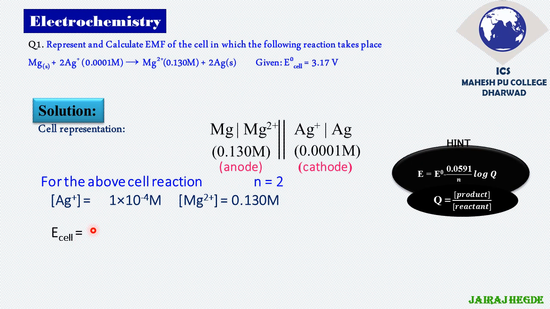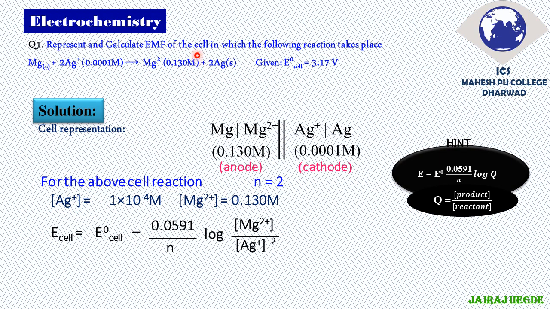So E will be equal to E naught cell minus 0.0591 by n into log of, the product here is Mg2+, to Ag+, the reactant. Here we have 2 moles of Ag+, so whatever the coefficients are will come as powers. That's why Mg2+ by Ag+ square.